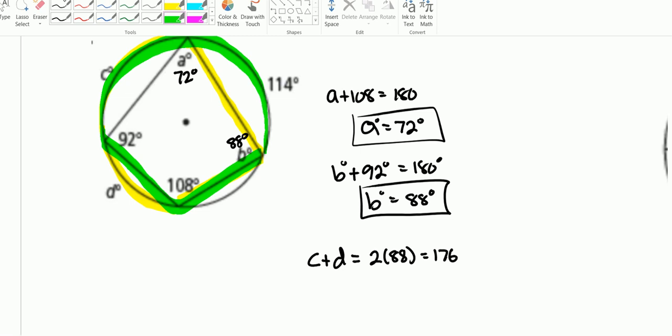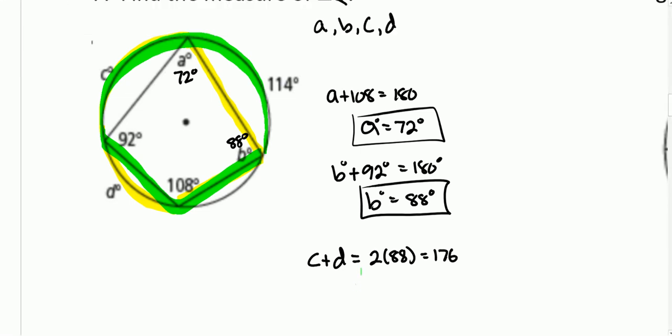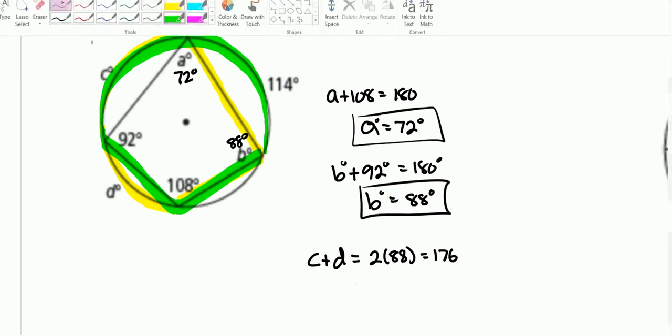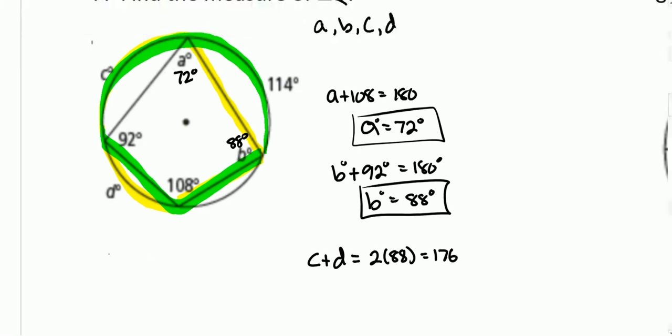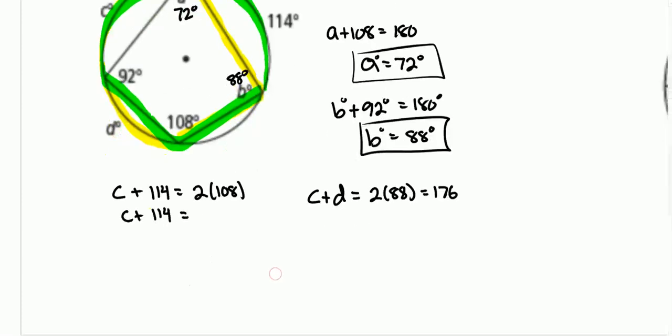And I could write C plus 114 is 2 times 108. And here we can solve for C. 2 times 108 is 216.